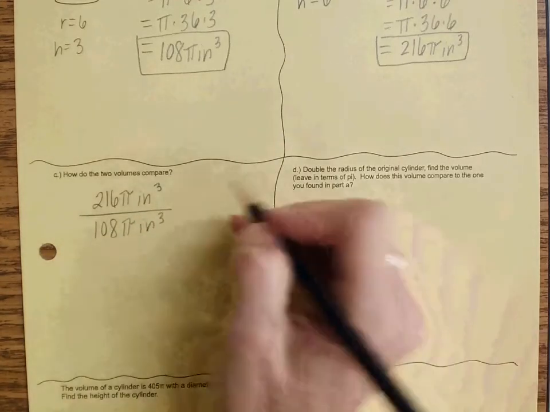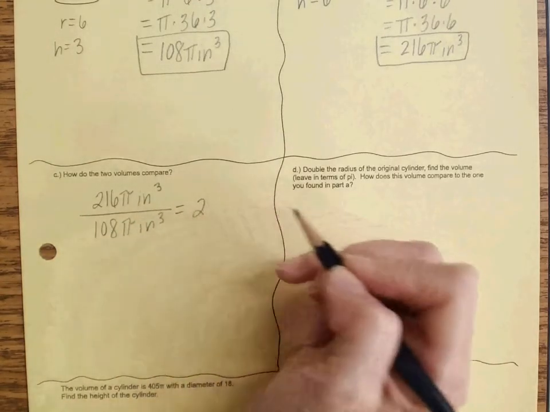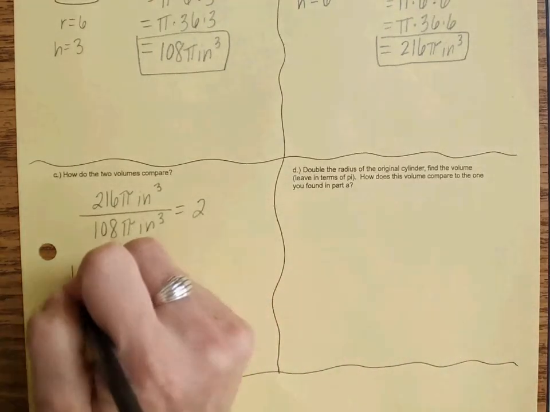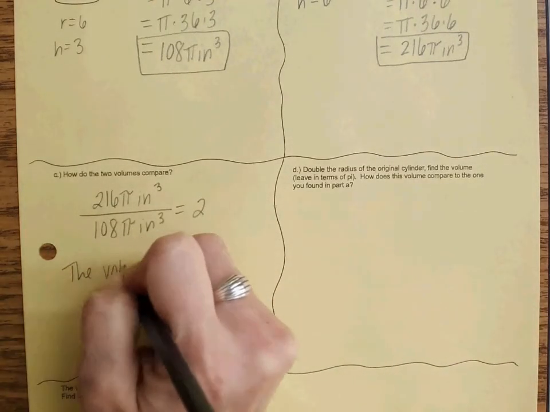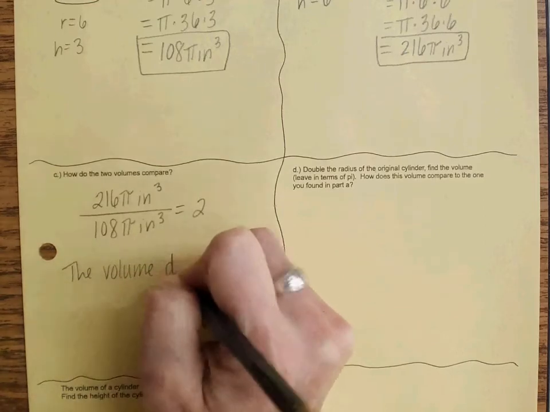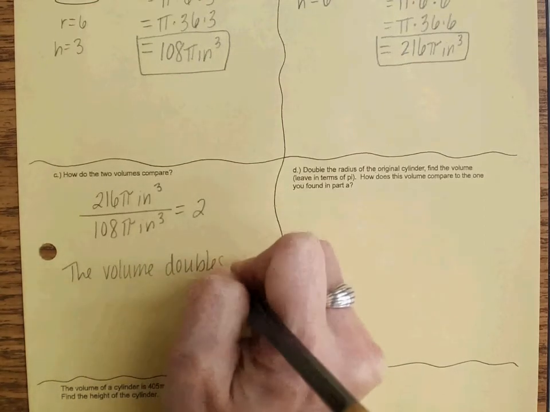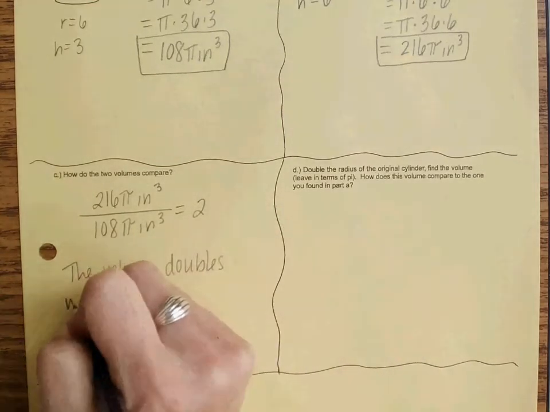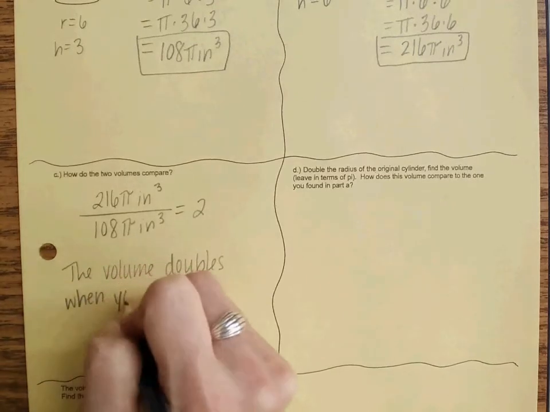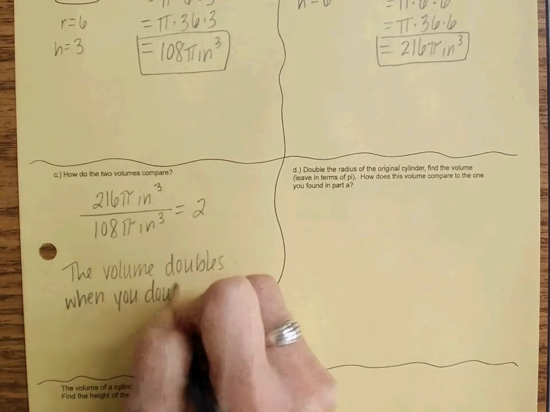And when we divide, we find that it equals 2. And so what we're going to say is the volume doubles when you double height.